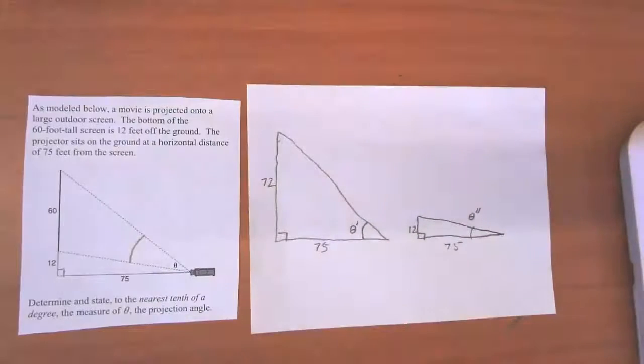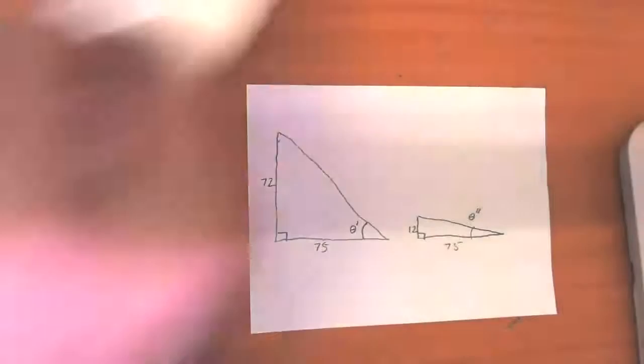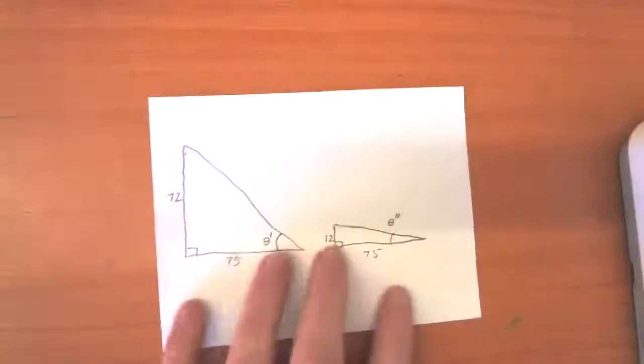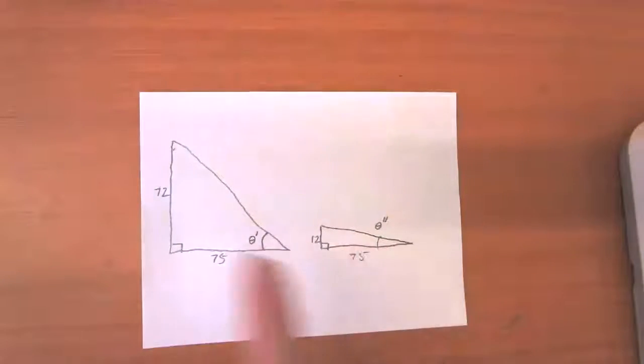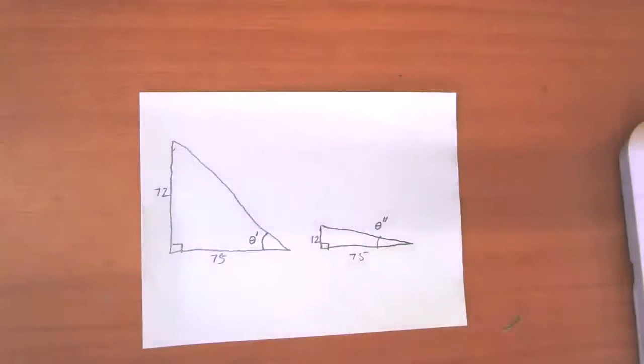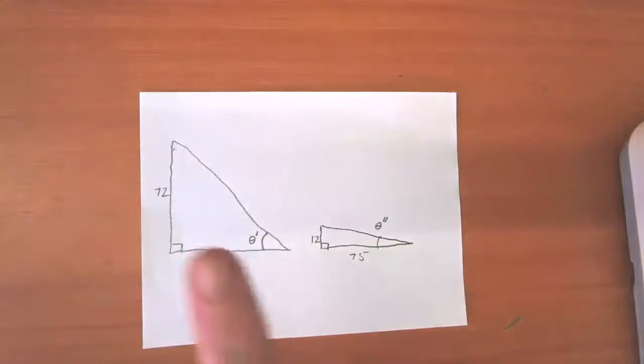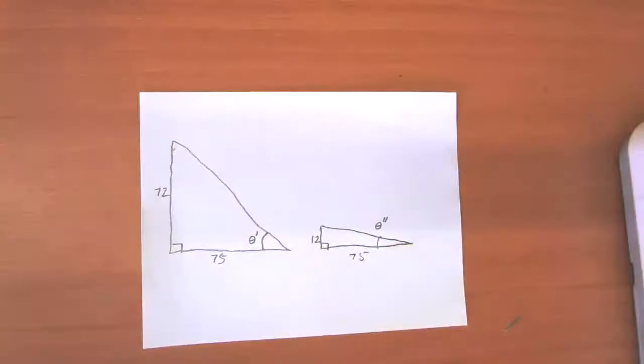All right, so now that I've got right triangles filled out, let's put this problem off to the side. And now these are two problems that we've been solving over the course of this module. So pause the video and calculate these angles for me.